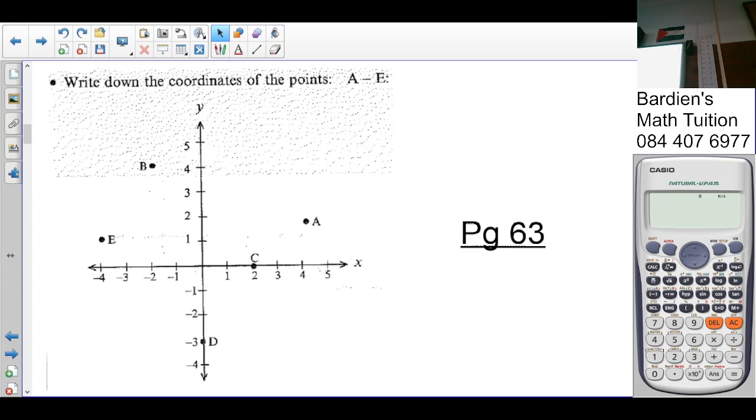So what I'm going to do is draw a dotted line. You don't have to draw the Cartesian plane again. Is the dotted line making you confused? No.